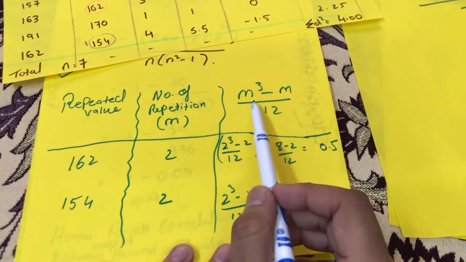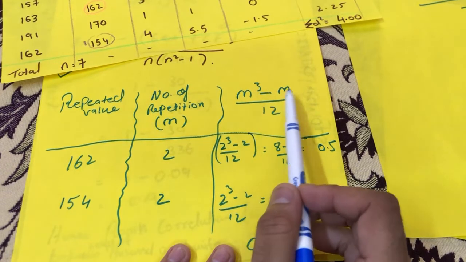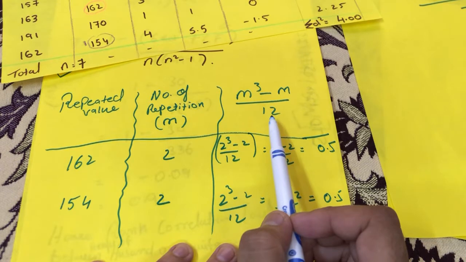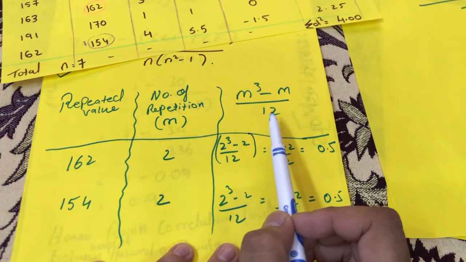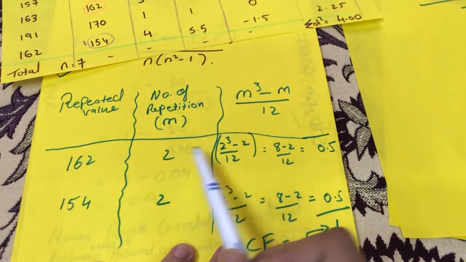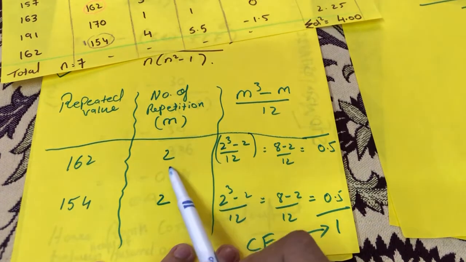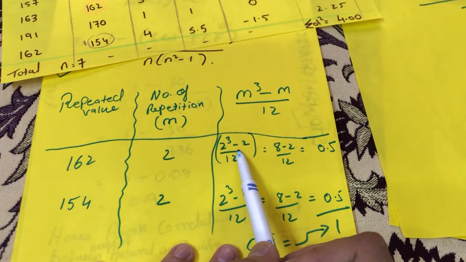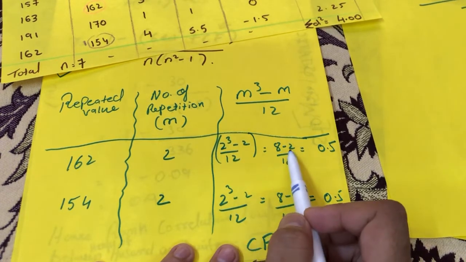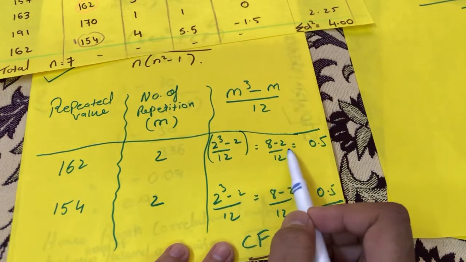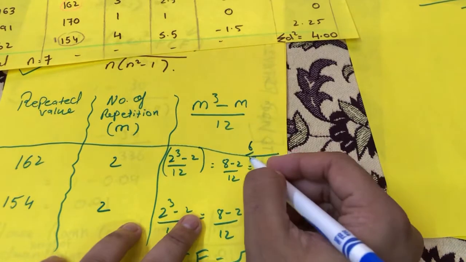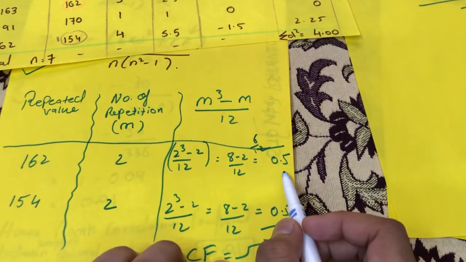Now you have to use this formula: m cube minus m upon 12. This formula is used in Spearman rank correlation to find CF. Now in place of m, small m is 2. So 2 cube minus 2 upon 12. 2 cube will be 8, minus 2 upon 12. 8 minus 2 means 6 upon 12, and when you divide 6 by 12, your answer will be 0.5.